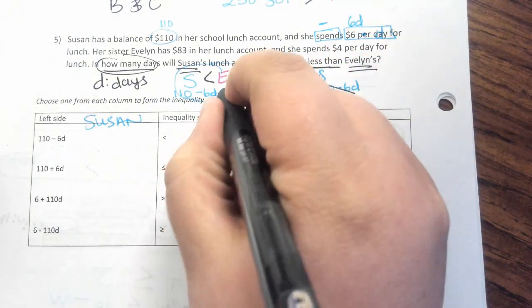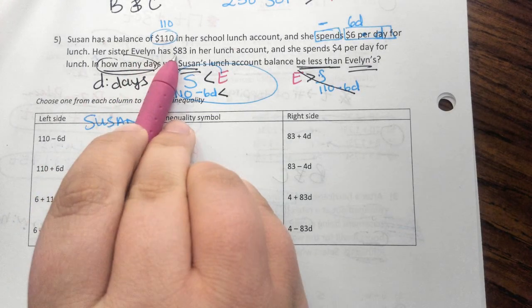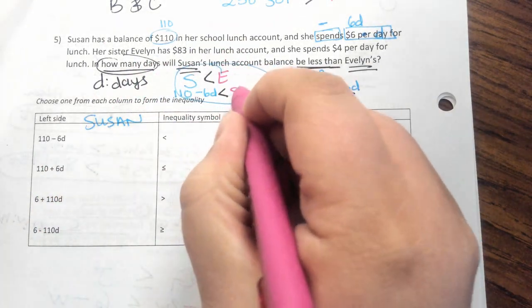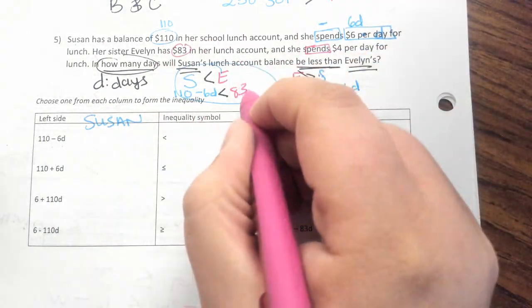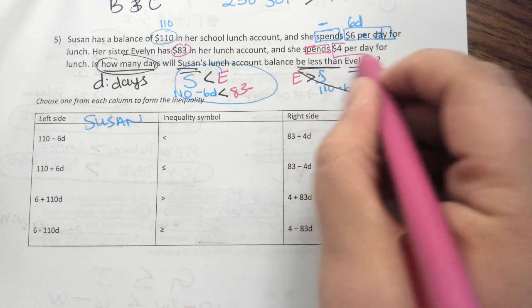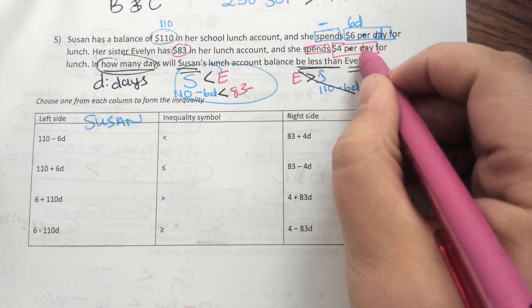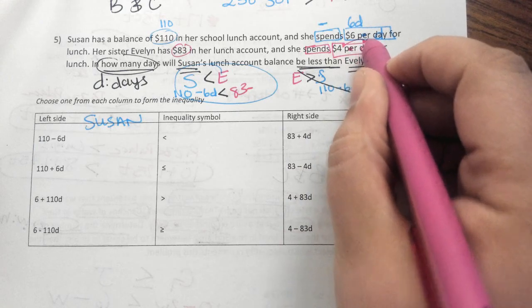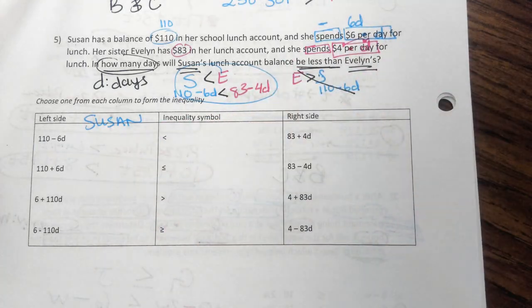We want this to be less than whatever Evelyn has in her account. Evelyn has $83 in her lunch account. And she's spending, so again minus, $4 per day. Per tells you to multiply. D is the number of days, so 4D. So 83 minus 4D.